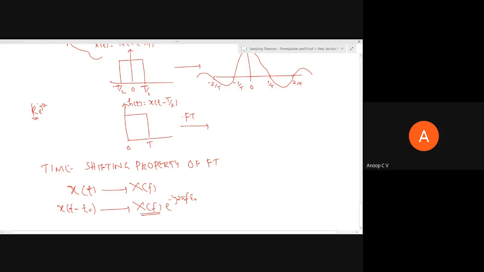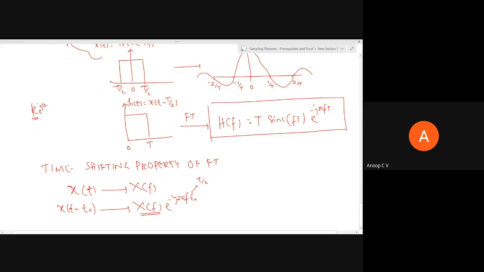Now I can write H of f: it will be T sinc of f T times e power minus j 2 pi f, and instead of t naught I should substitute T by 2, so the 2 and 2 get cancelled, and I get e power minus j pi f T. So this will be our H of f.